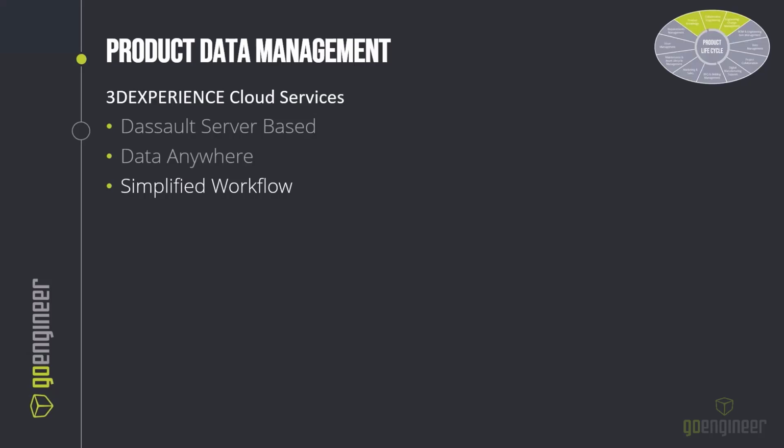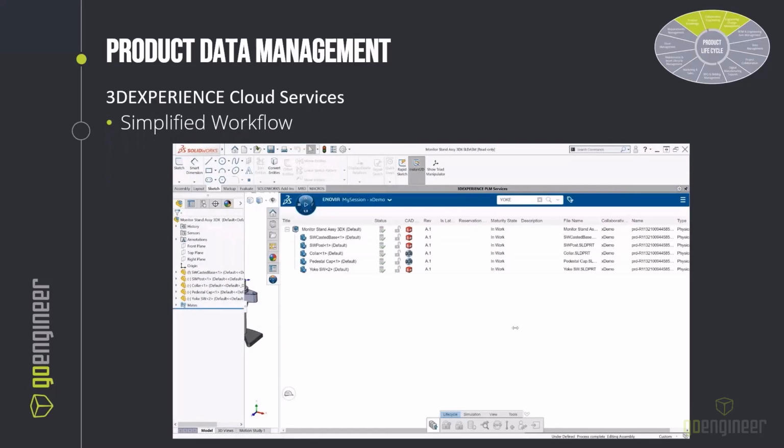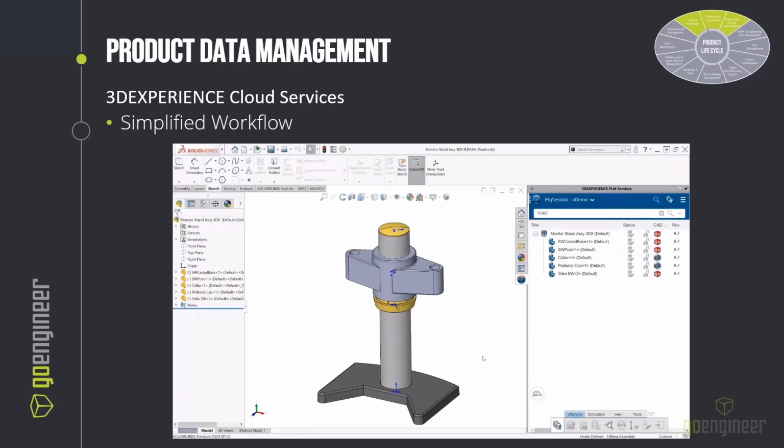And accessing files anywhere is great, but you still need to process that data through proper revisions. So with 3DEXPERIENCE, you have a simplified workflow that can be accessed via the browser or directly in the SOLIDWORKS task pane, which can be expanded, shrunk, or even moved to another screen.